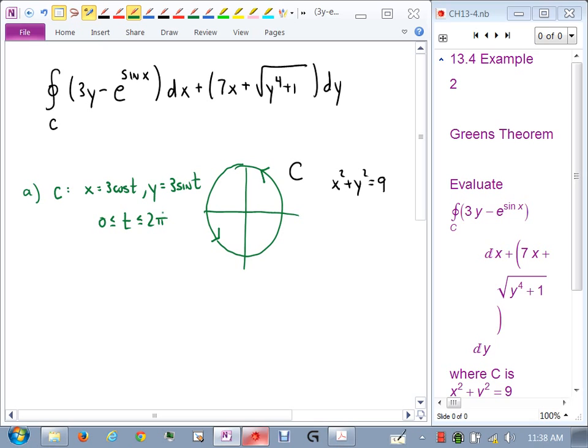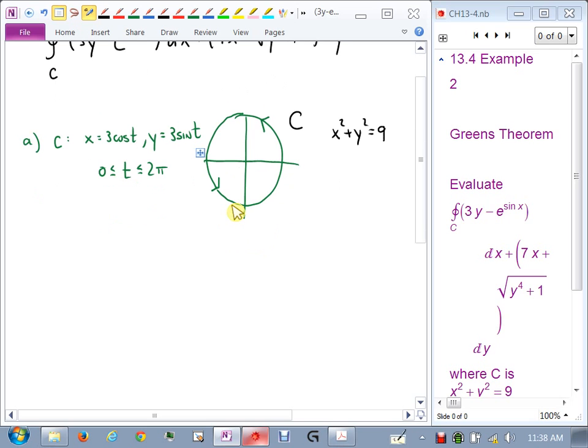Geometrically, though, it's the sum of two areas. We talked about this before. We don't have a vector field right now, but we will, I think, on one of the next examples.